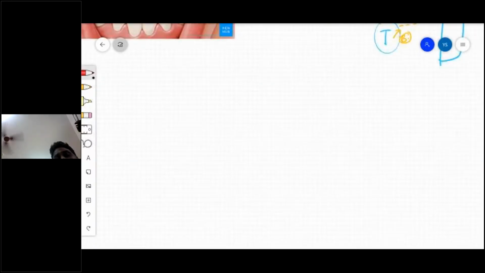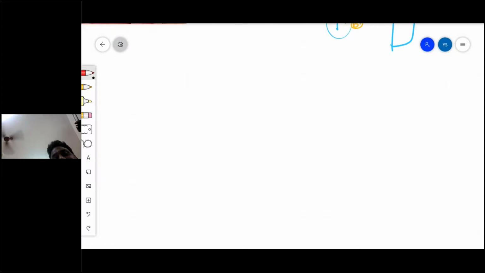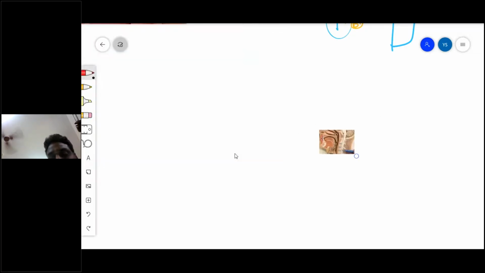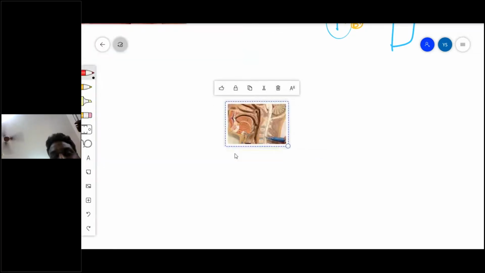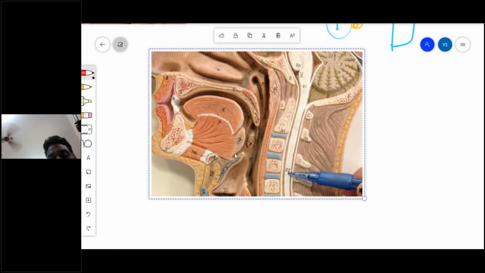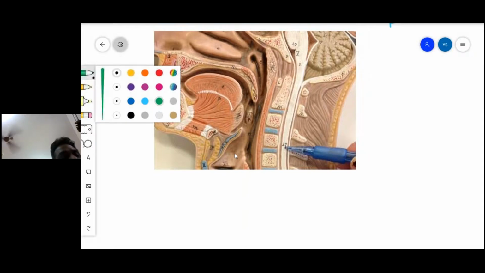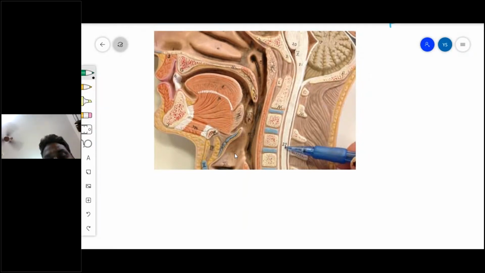So the same picture we use for the study of the laryngopharynx. Let's look at the same picture. In this picture, first I highlight the margins of the laryngopharynx.